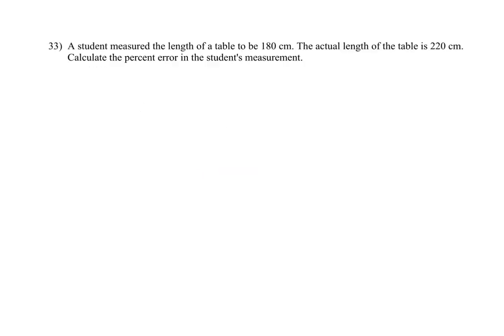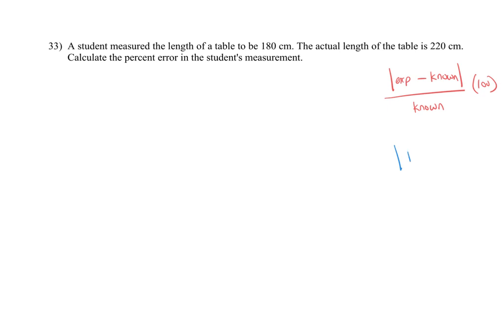Also did percent error and percent difference. For percent error, your numerator is going to be the absolute value of your experiment minus your known. And your denominator is always going to be your known, right? And of course, to get percent, we would multiply by 100. All right, for percent difference, you do the first one.